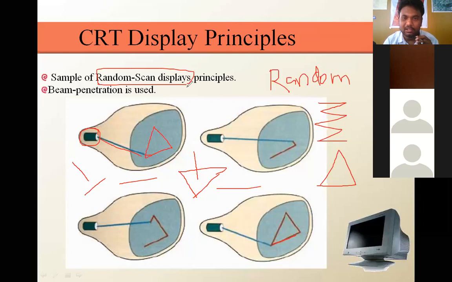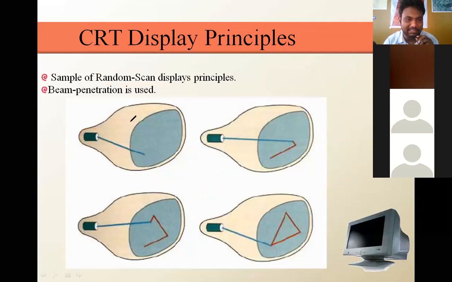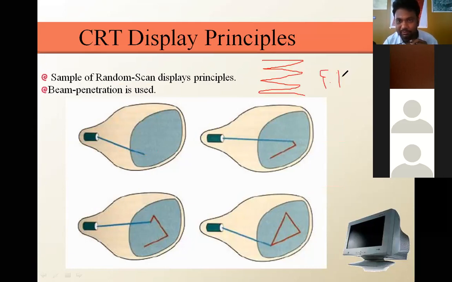Okay, so have you differentiated? How can we differentiate the raster scan display and the random scan display? In the raster scan display, it goes line wise, and all the commands are stored in the frame buffer. In the frame buffer, we have the data as binary data, that is 0, 1, 0, 1.